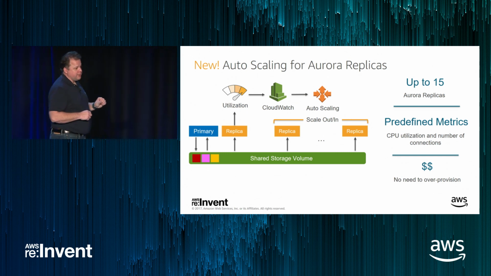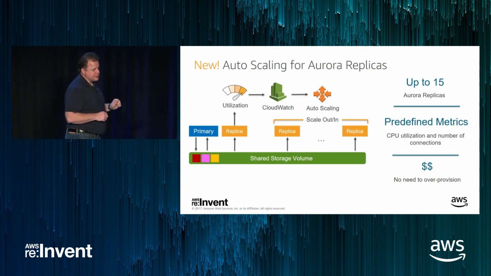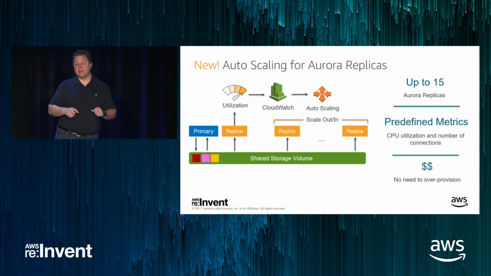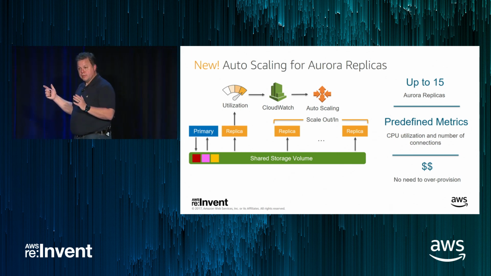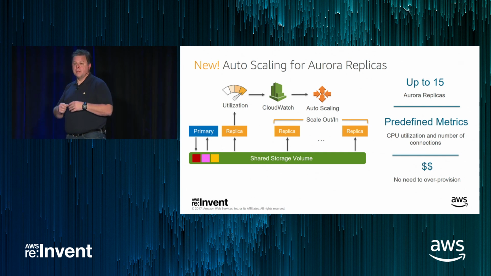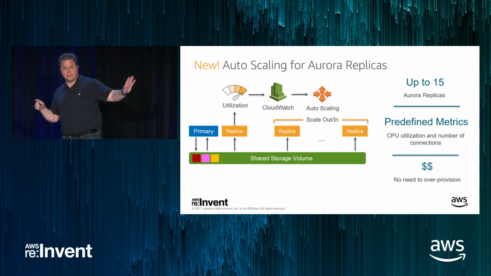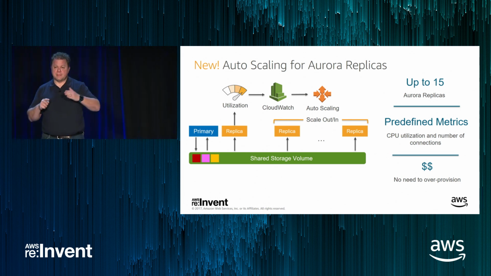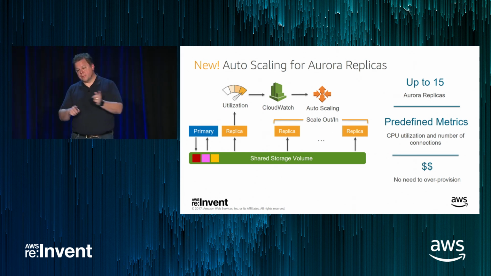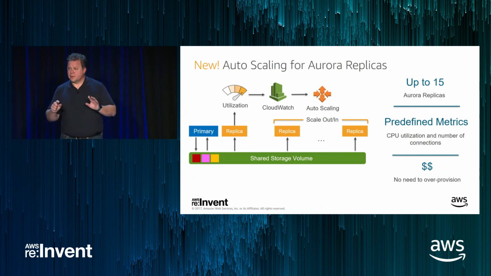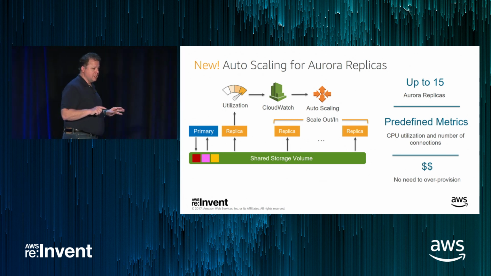But if your client application is caching DNS entries for 30 seconds, a minute, or whatever it is, then that will make it difficult when we're dynamically adding additional readers, or in the event of a failover. Because in the event of a failover, we're going to take one of your read replicas that you specify. You can specify the failover order, and we will swap that in as the new master. So it's important that you're either not caching DNS on your client, or that you are dialing that number down to a very low number.